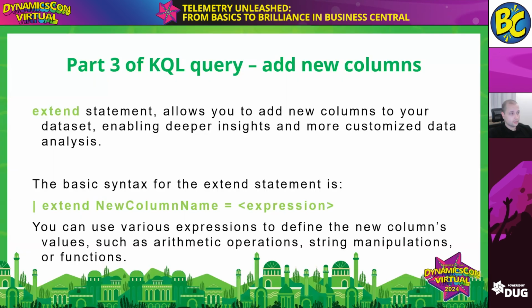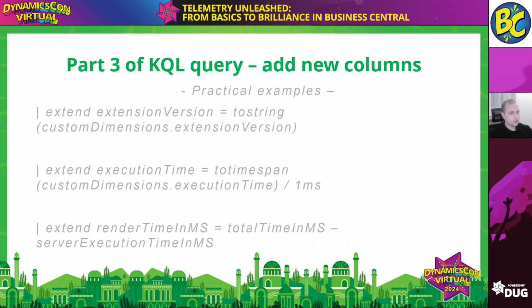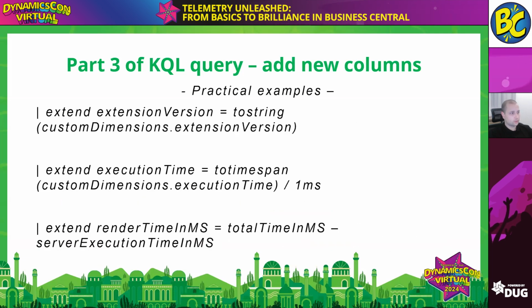The basic syntax is with the keyword extend, then the new column name, and equals the expression. So you can use various expressions to define new columns, such as arithmetic operations, string manipulations, or functions, which we will show in practical examples.